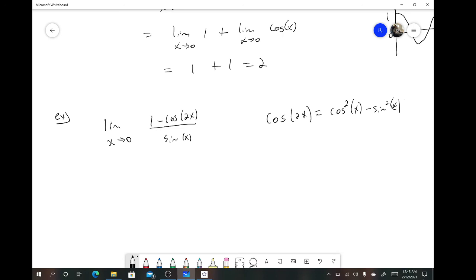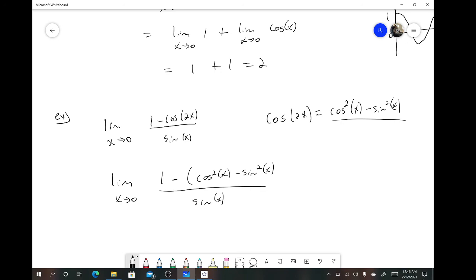All right? So what do we have? We have the limit as x goes to 0 of 1 minus, and I'm going to substitute cosine of 2x for what it is equal to, and that is cosine square x minus sine square x, divided by sine of x.